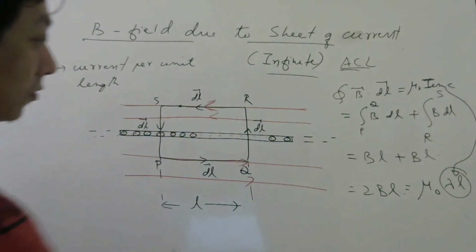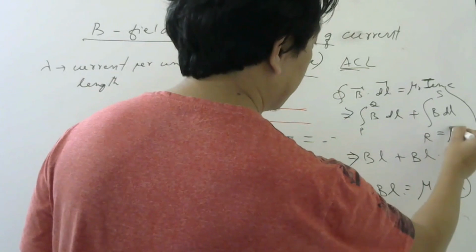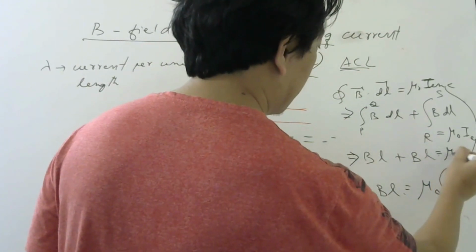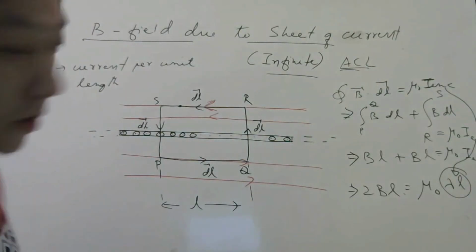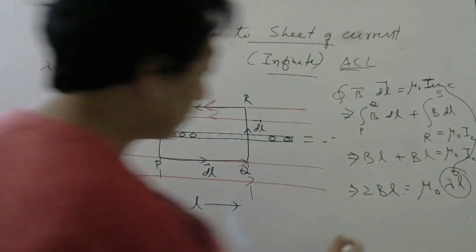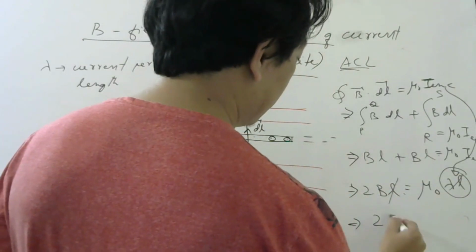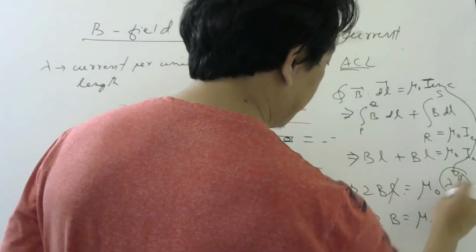Okay. So from here L you can cancel. Mu naught current enclosed, and the current enclosed is lambda into L. L cancels, so 2B will be equal to mu naught lambda.